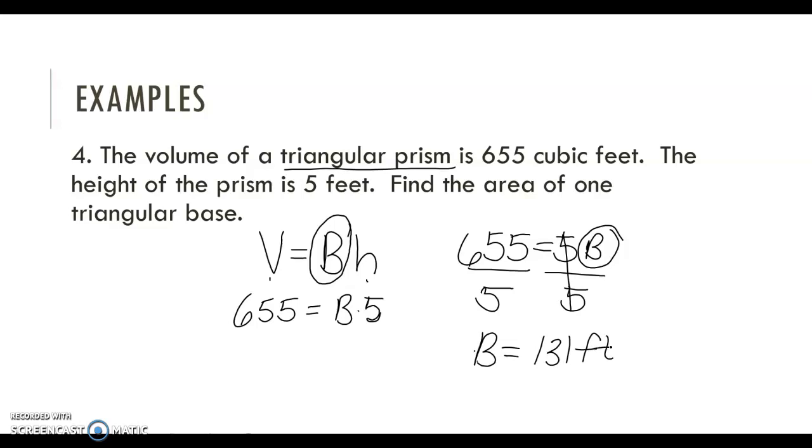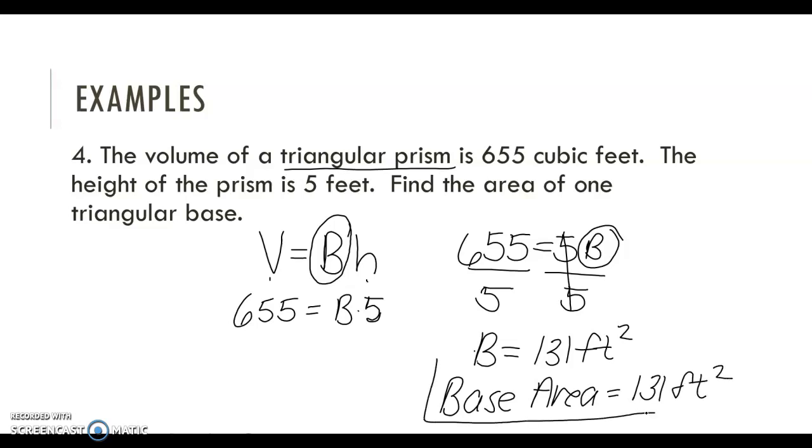And we're looking at a base area, so this one's actually going to be measured in square feet because it's an area. So the base area is 131 square feet. And that is all for volume.